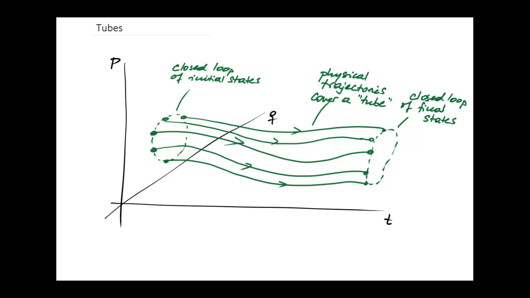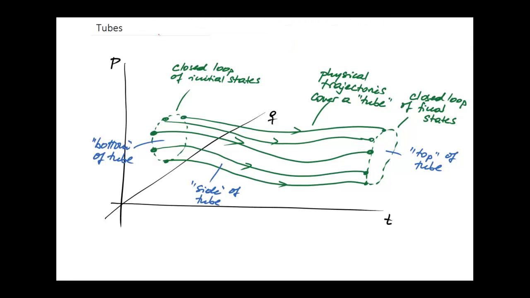And then we can say that this area enclosed by the initial loop, that is the bottom of the tube. The area enclosed by the final loop, that is the top of the tube. And then here we have the side of the tube.